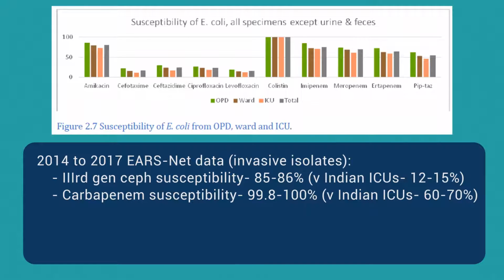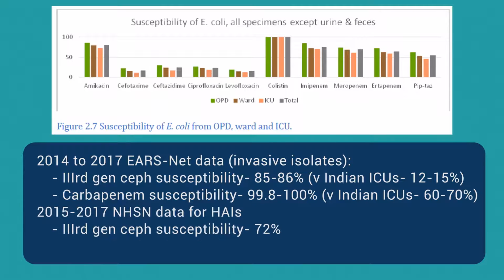If you look at the European nation data, the third generation cephalosporin susceptibility there is 85 to 86%, whereas for Indian ICUs especially, it is only 12 to 15%. Carbapenem susceptibility is 99.8% to 100% in the European nations, whereas in the Indian ICUs, it is 60 to 70%.